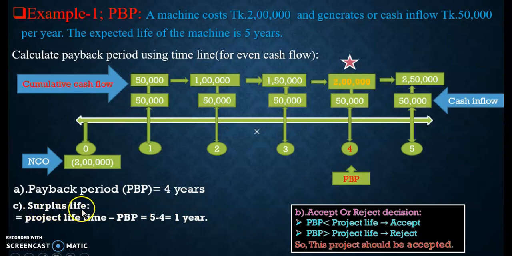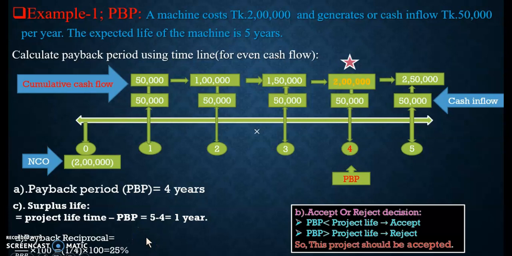We also calculate surplus life. Surplus life equals project lifetime minus PBP. Project lifetime 5 years and PBP 4 years, equal to 1 year. And we also calculate the payback reciprocal.